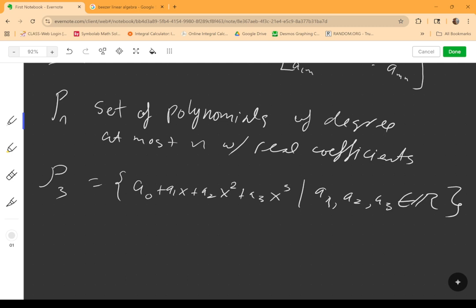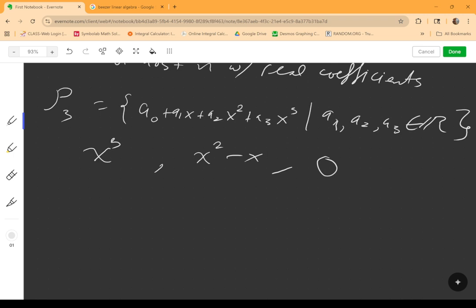Now some of the coefficients may be zero. For example, elements here could be a cubic of degree 3, it could also be x squared minus x, or it could also be 0. Those are elements of P3. Now, what does it mean for two polynomials to be equal?